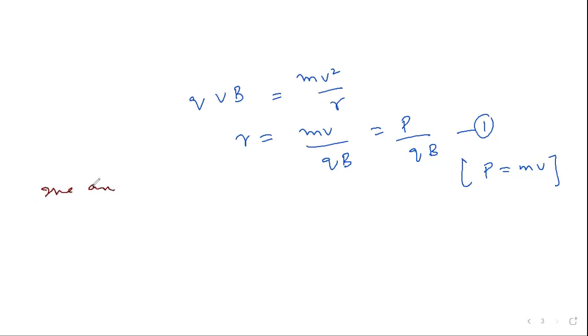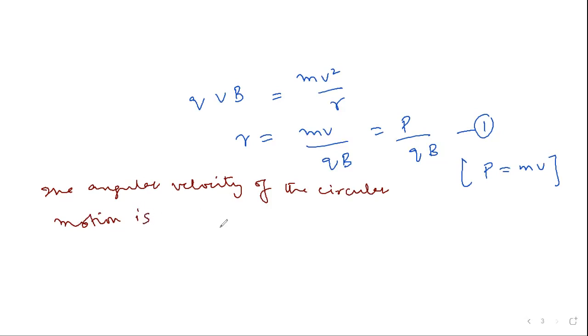The angular velocity of the circular motion is omega equal to v by r, which is qb by m. And this be my second.